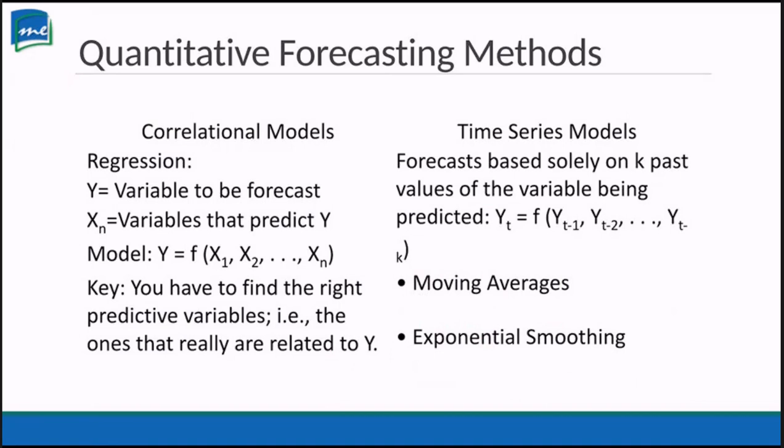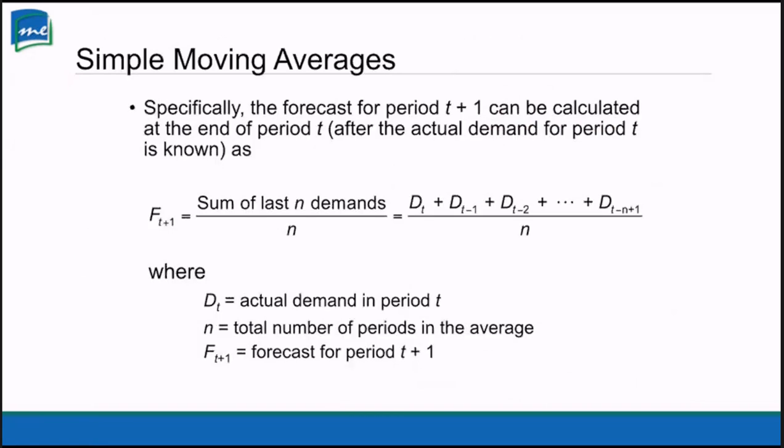This video will focus on the time series model and we start with the moving average. So what is the moving average? The keyword is moving. We know the average, but what is the moving average? It means we need to choose a moving data set as the basis for computing the average. We have two ways to calculate the moving average.